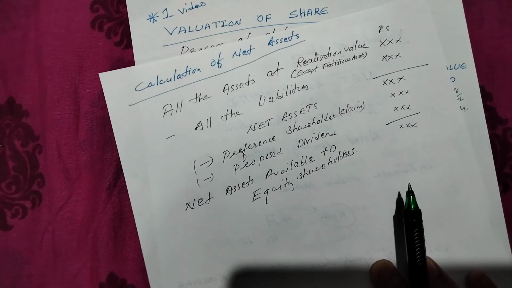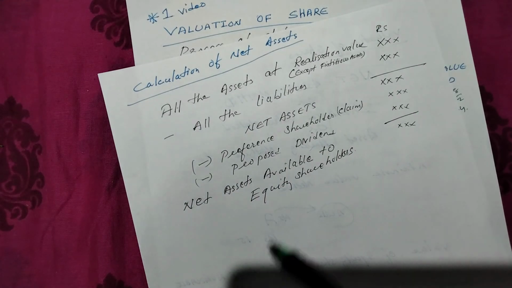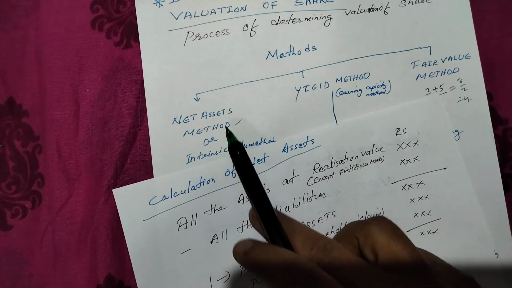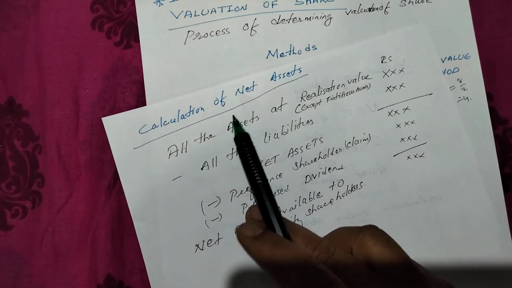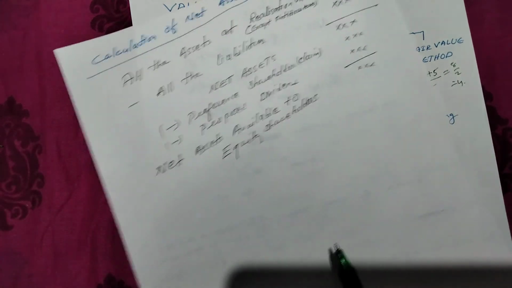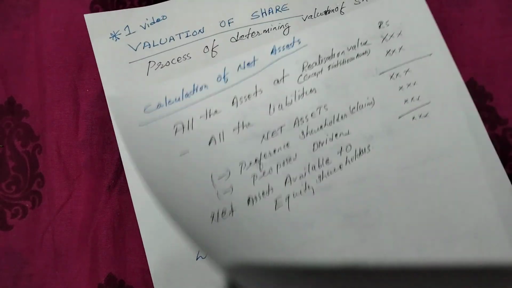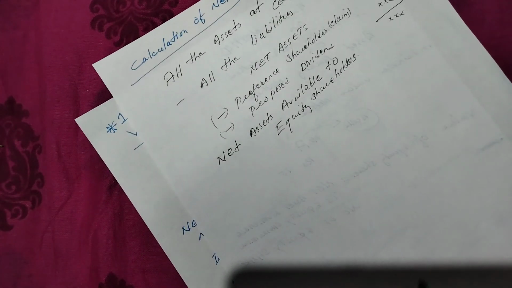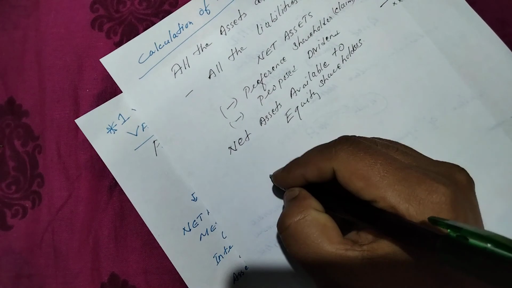Let us see the format for calculation of net asset. Okay, since we are doing the net asset method, first we have to find out what? Net asset. What is the formula for this? I will write the formula first.